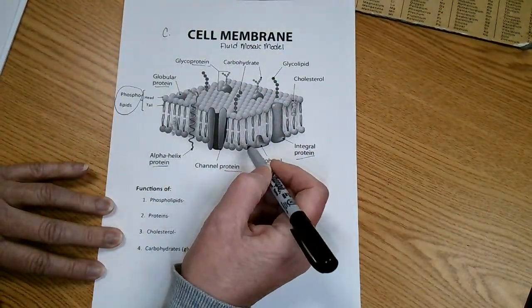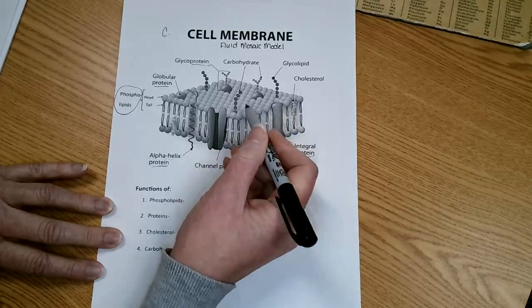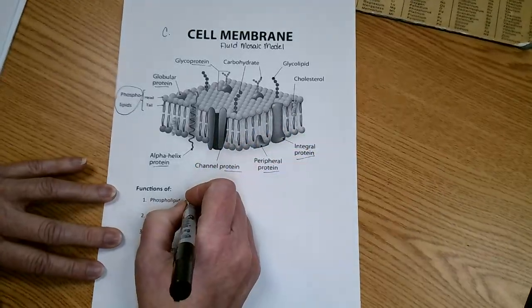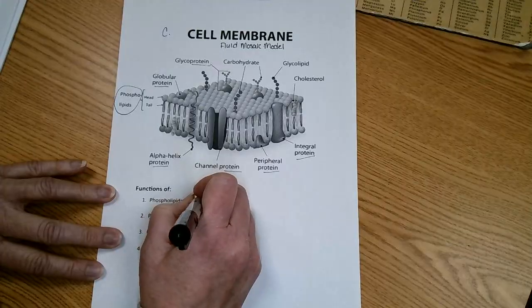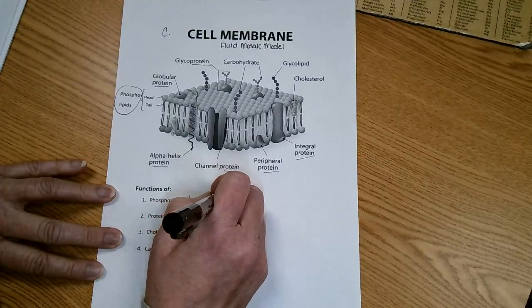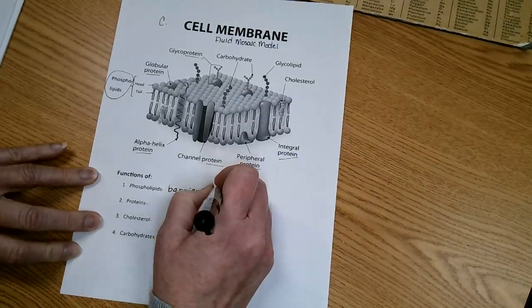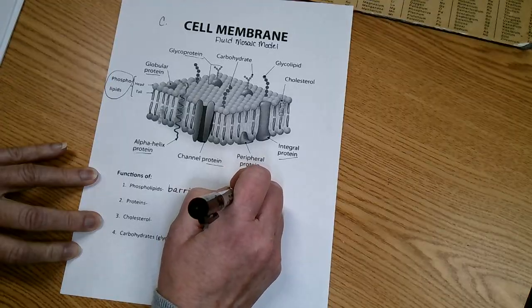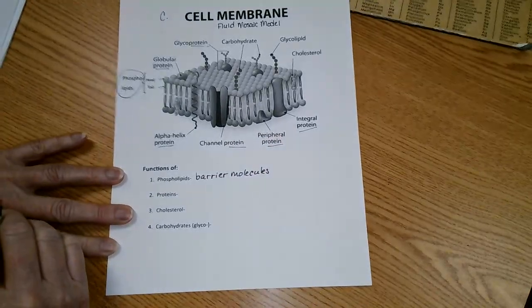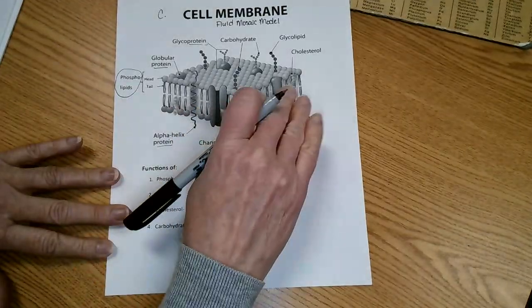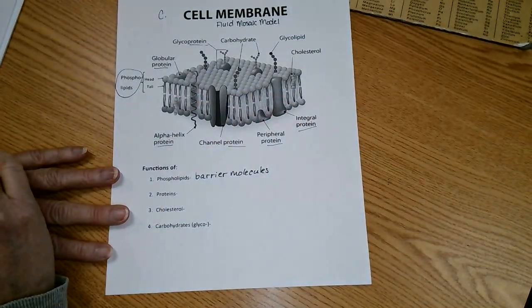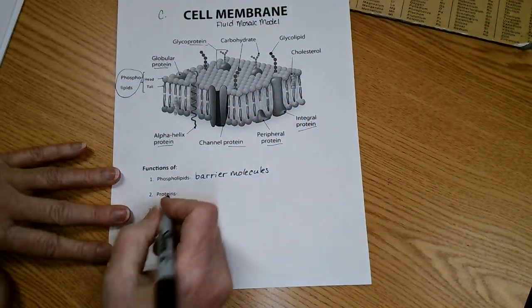We have phospholipids pointing into the cell, phospholipids pointing out. Phospholipids are the barrier molecules. They're actually setting up the actual cell membrane, the barrier.